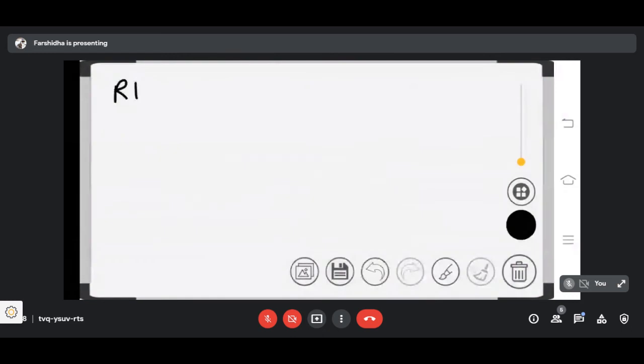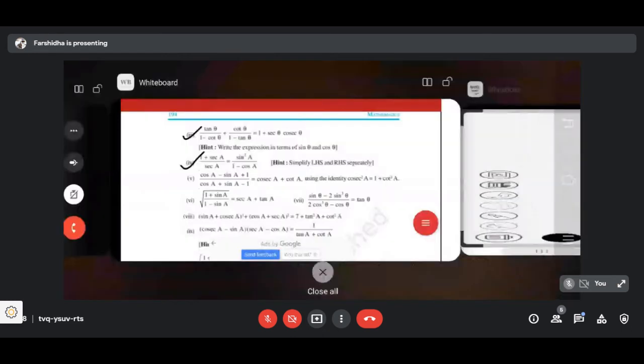So the same way, write RHS equal to... so what is the RHS value?